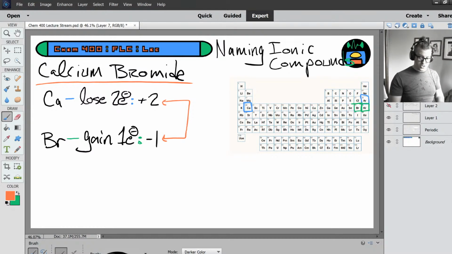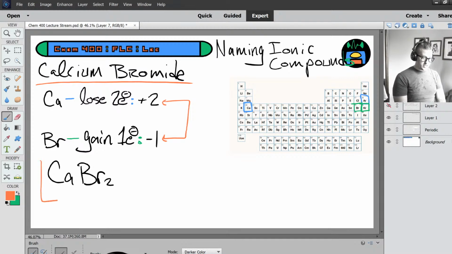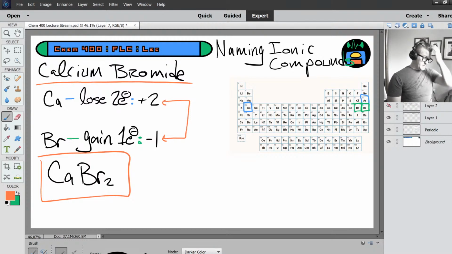We need all of our charges to cancel. So to do that, because each calcium ion has a +2 charge, we need to bring 2 of our negatively charged bromide anions to balance with it. All right, so calcium bromide is CaBr2.